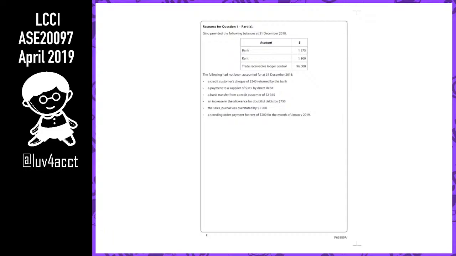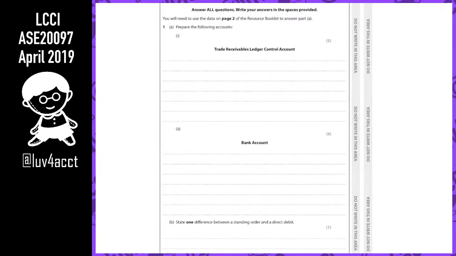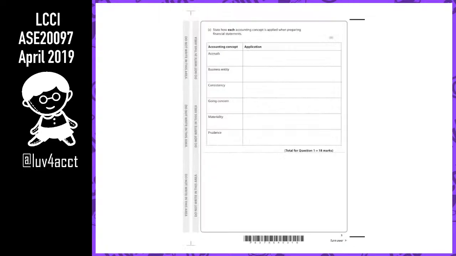So question 1, given to you some information and then you are asked to work on the control account, trade receivables ledger control, bank account, and also how these accounting concepts are applied.